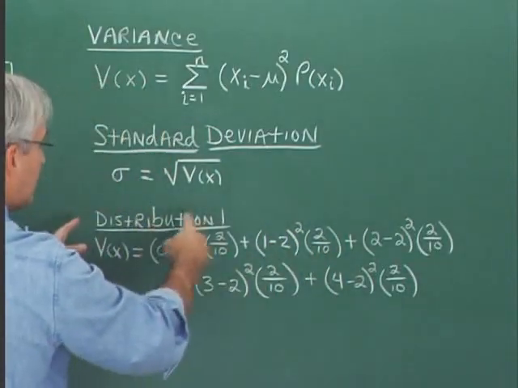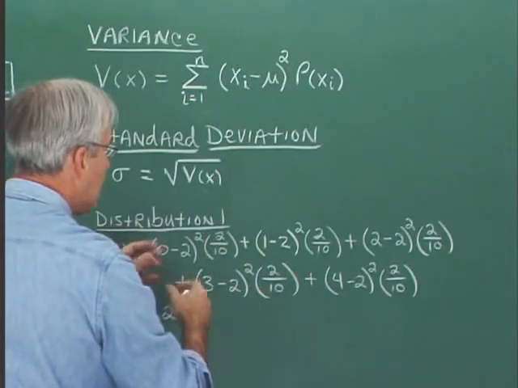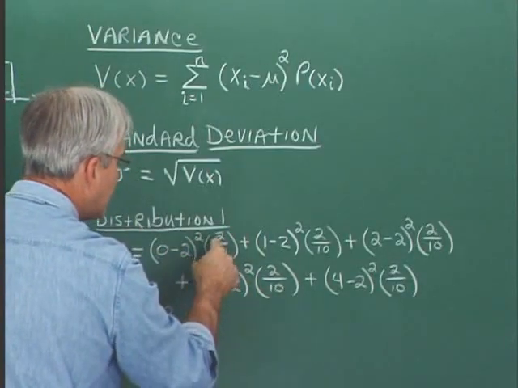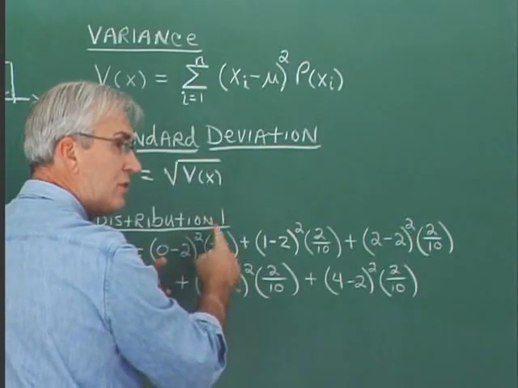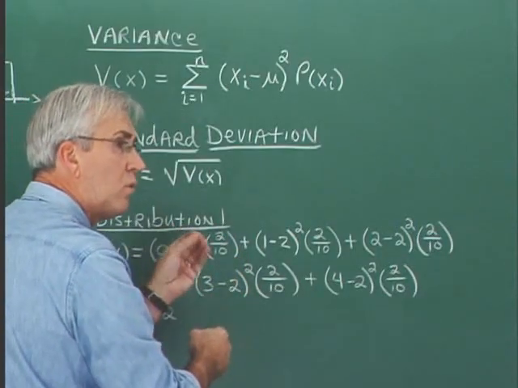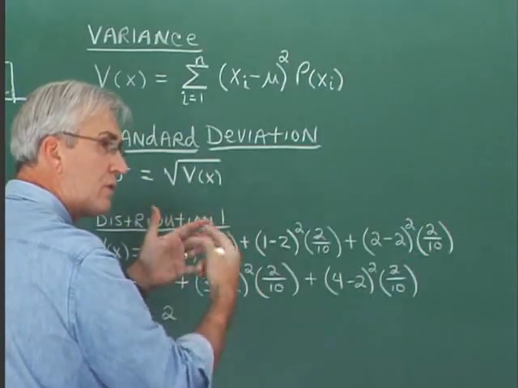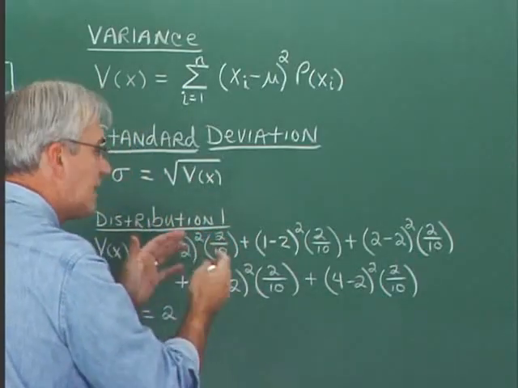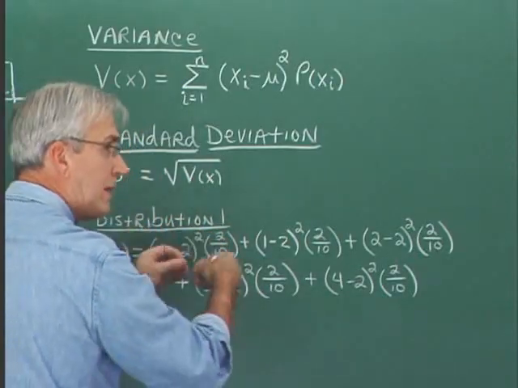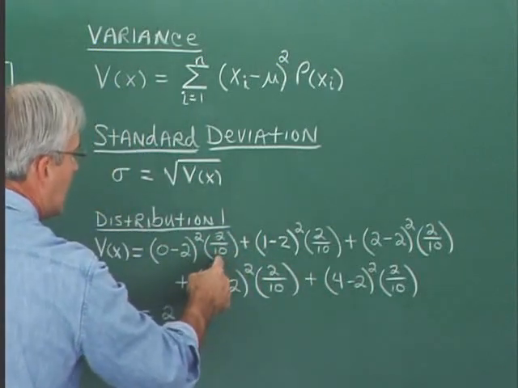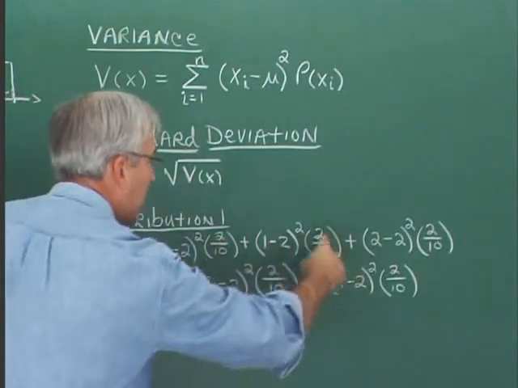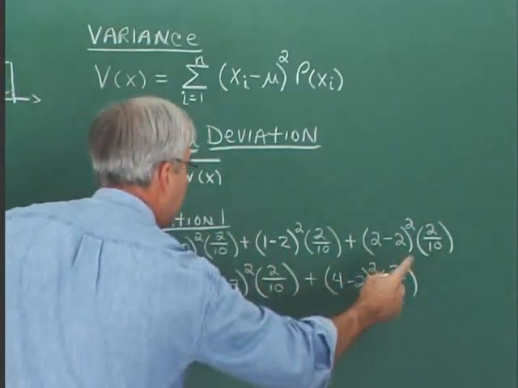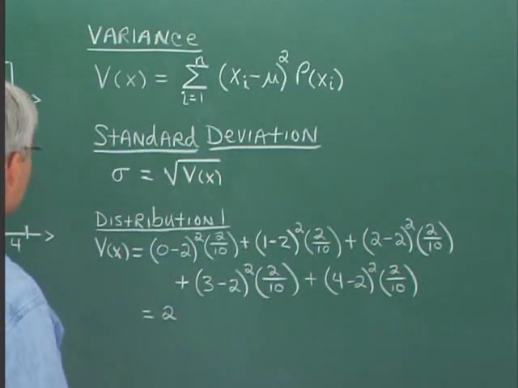For this distribution 1, the probability of each one of those items occurring is 2/10, because each one of them had a frequency of 2 and the total was 10. And away we go with all five of them.